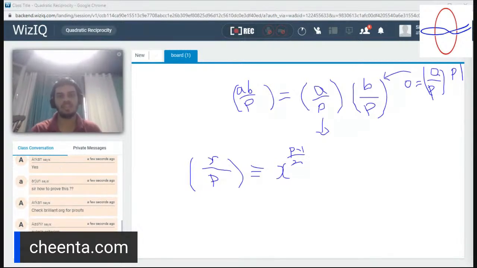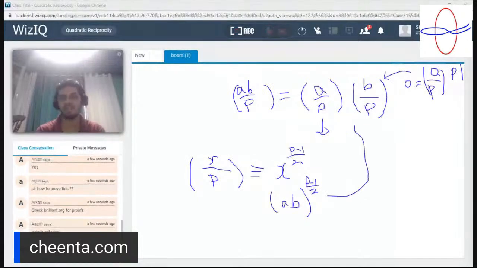So via Euler's criterion, (ab/p) will be equal to (ab) raised to (p minus 1) by 2, which can then be broken up into a raised to (p minus 1) by 2 times b raised to (p minus 1) by 2, which then gets congruent to this.